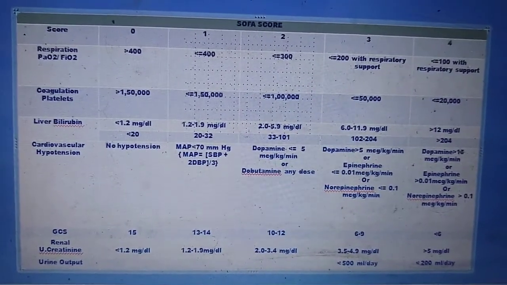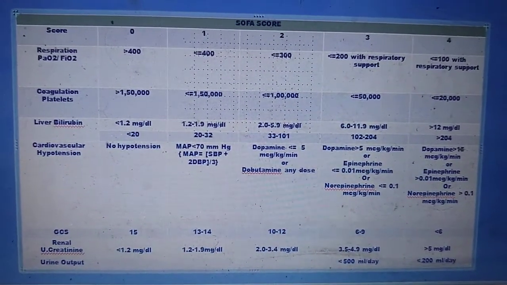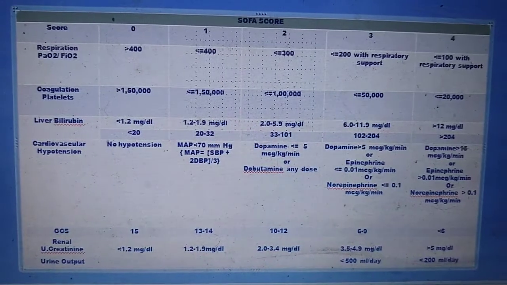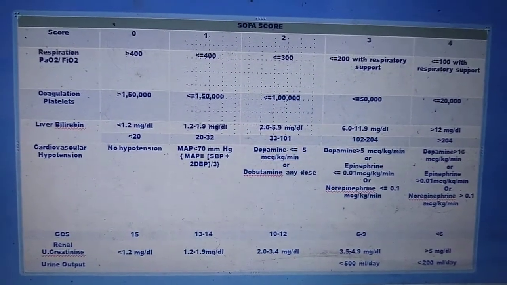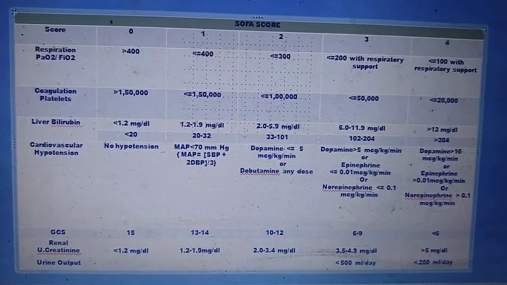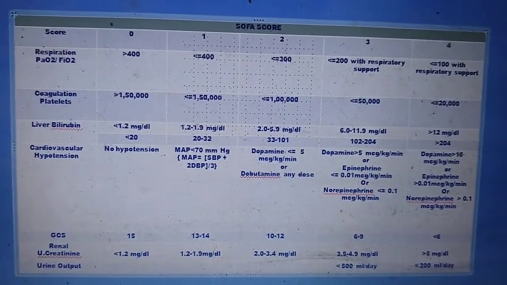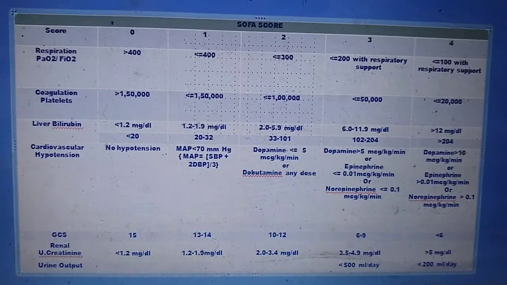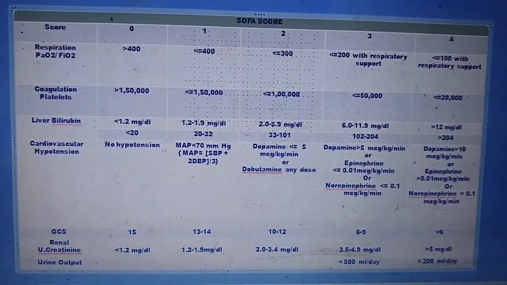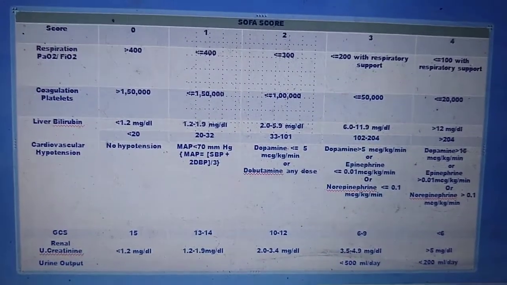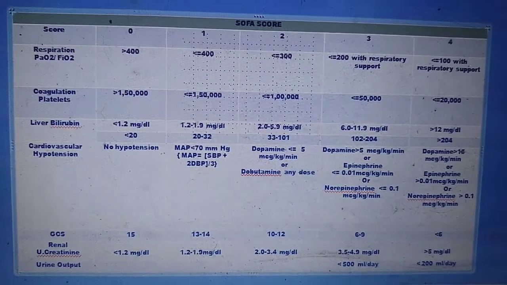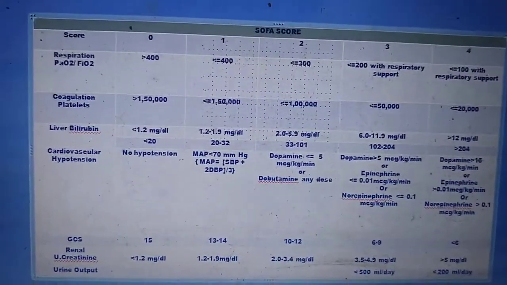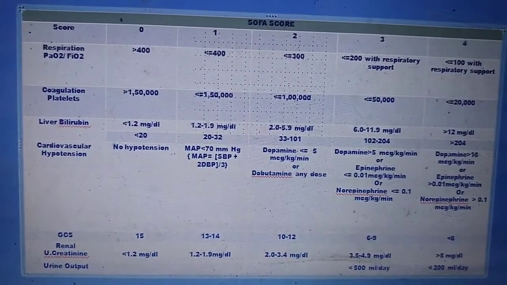Now we can see the score progressing 1, 2, 3, 4. We see PaO2/FiO2 going to less than or equal to 100, and they need respiratory support in scores of 3 and 4. In coagulation, we see a low platelet count, less than 20,000 in score 4, and less than 50,000 in score 3. In the liver, we see bilirubin greater than 12 mg/dL.